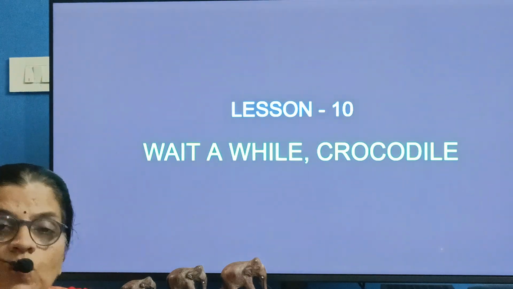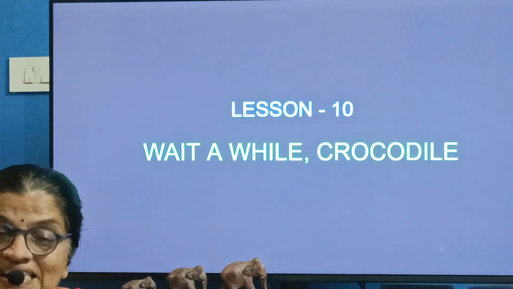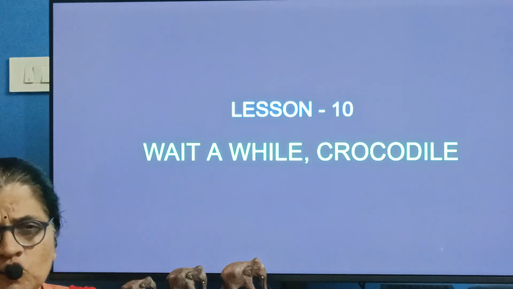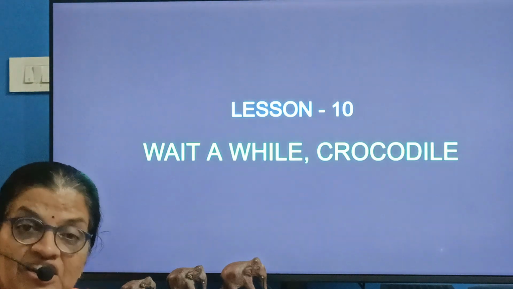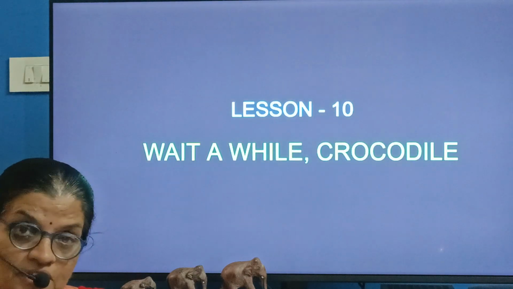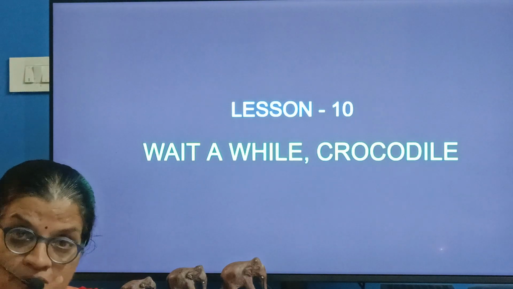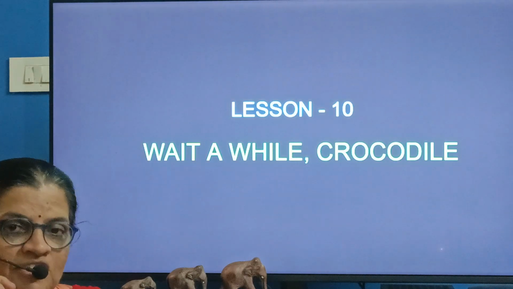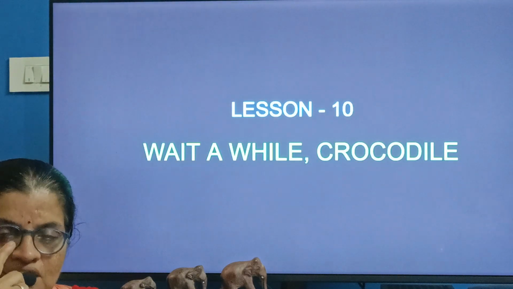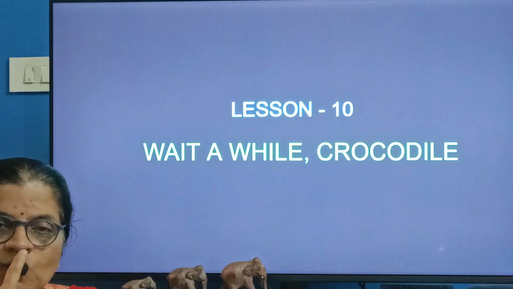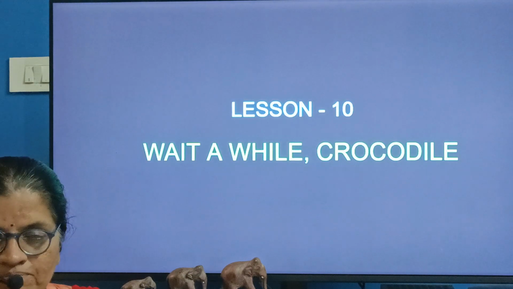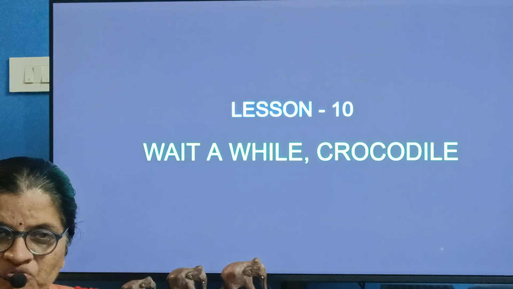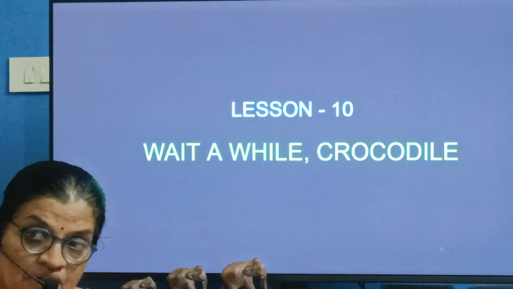Then a crocodile has a strong sense of smell. I told you, they have a strong sense of smell and hearing. Think about these three things: smell, sight, and hearing. Their ears and nose are prominent. They can hear all the sounds that happen far away.